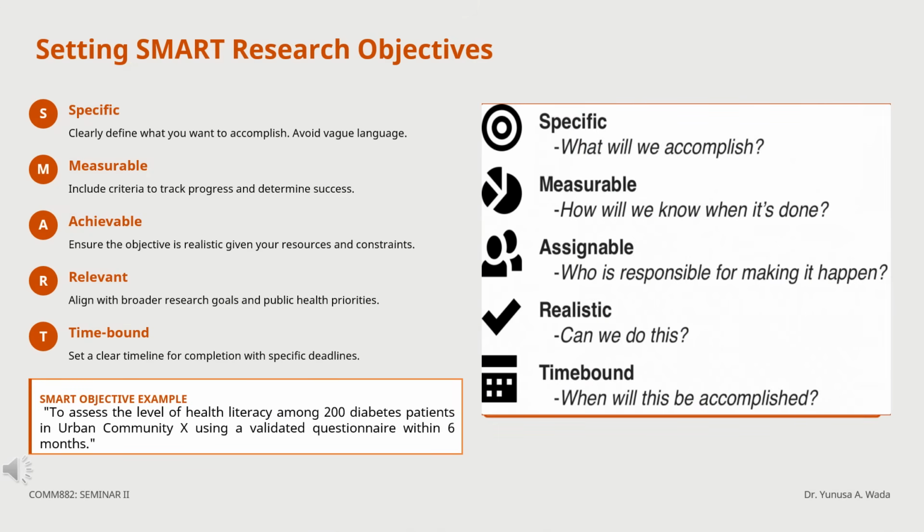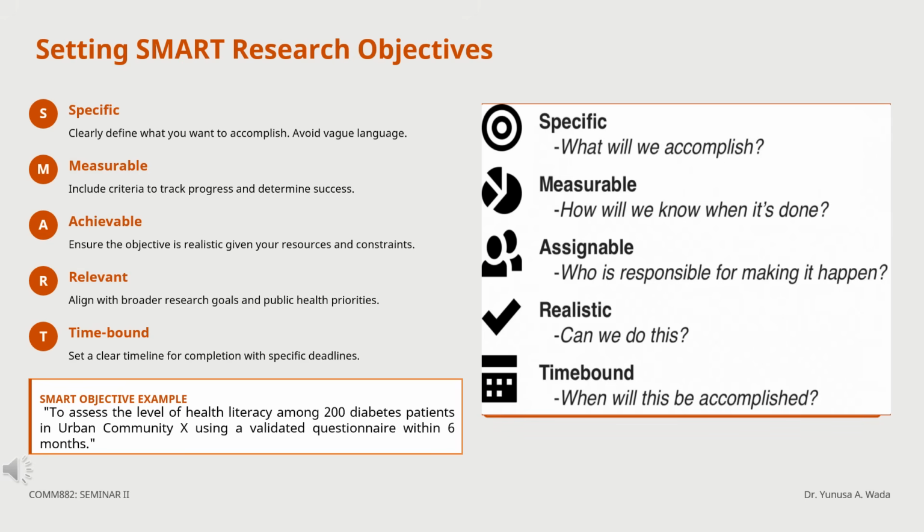Okay, so establishing your problem statement that is specific to your research topic, the next is to set out the research objectives. So setting out the research objective should always follow the SMART approach.